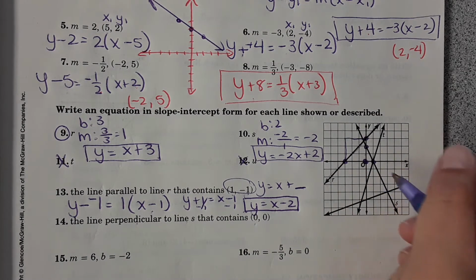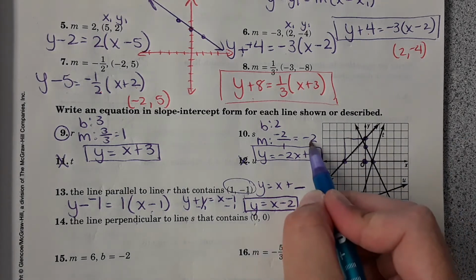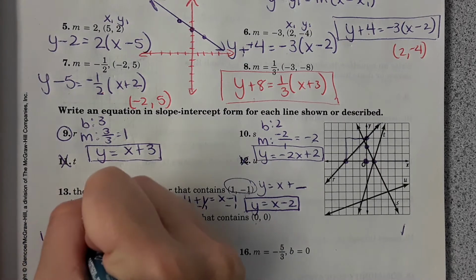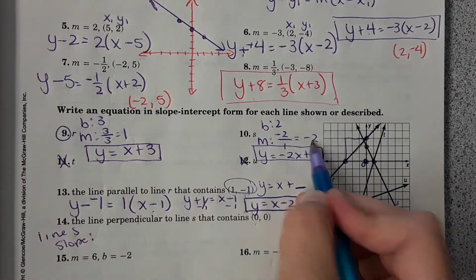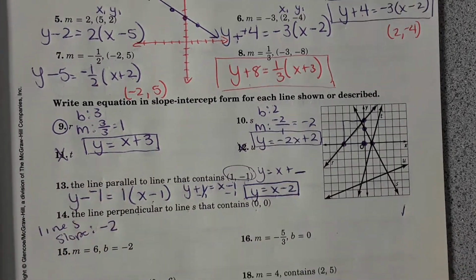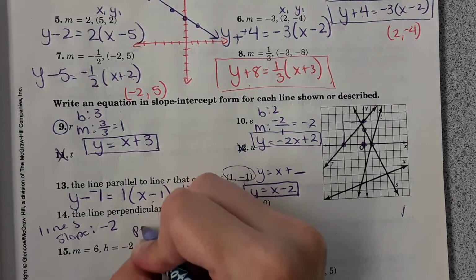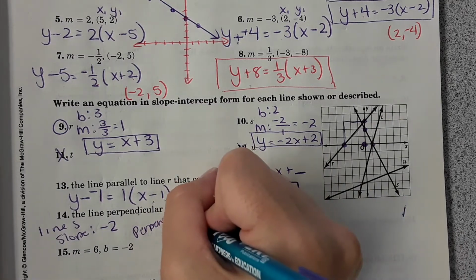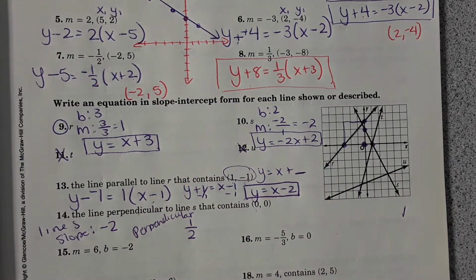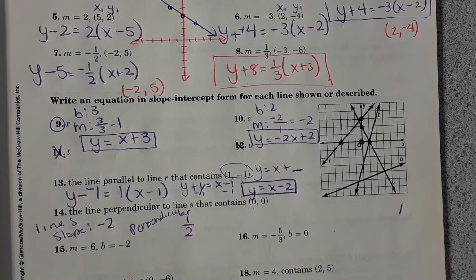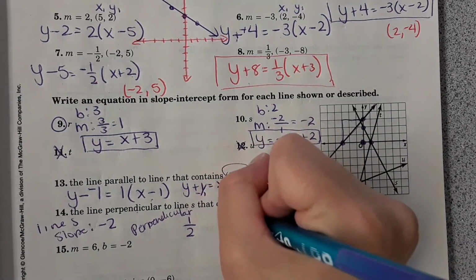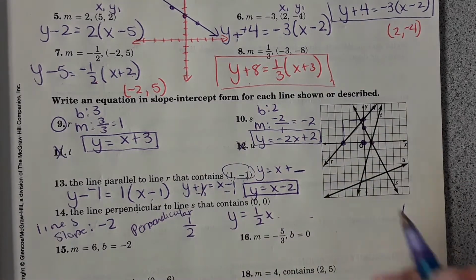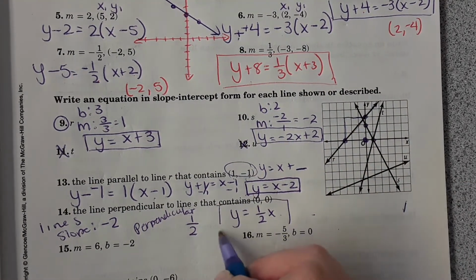The slope for line S was negative 2, so a line perpendicular to that would have a slope of positive 1/2. Therefore, our equation for the line is y equals 1/2 x plus 0, but we don't write the plus 0. Just leave it like this.